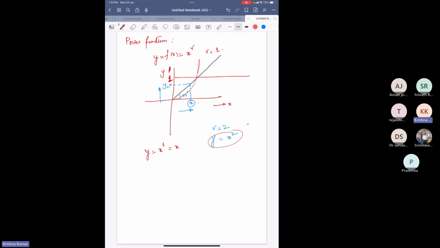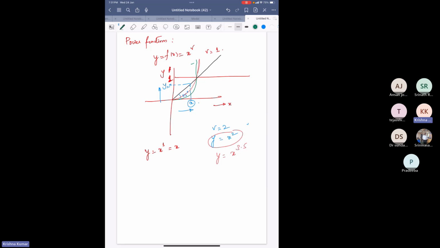It is not necessary that r should only be a whole number. So I can have y is equal to x power 3.5. How will this look like? That'll be very interesting. So this would look like that.